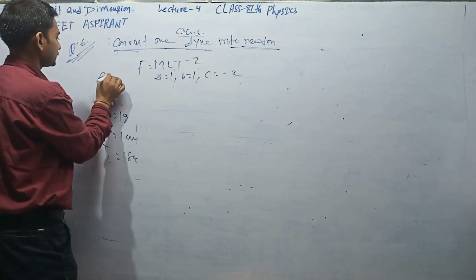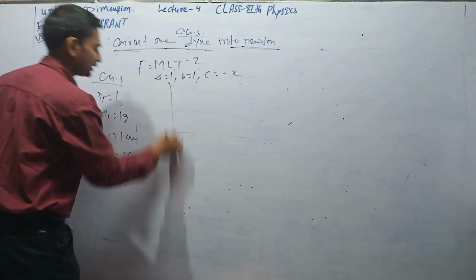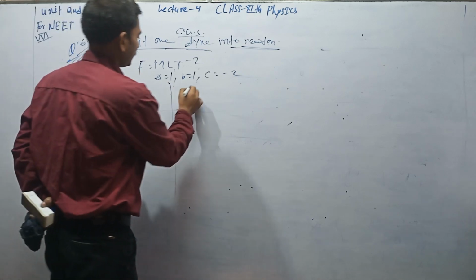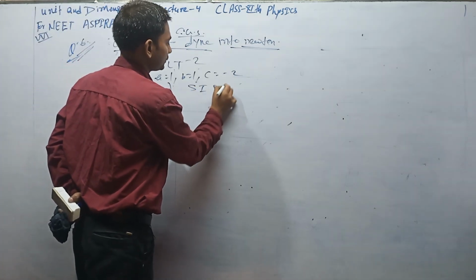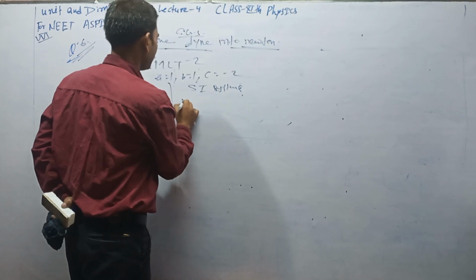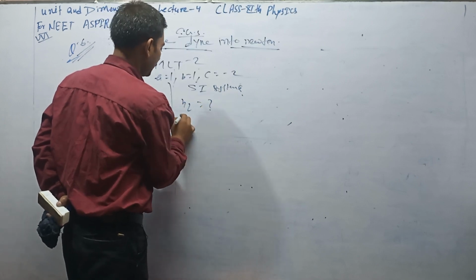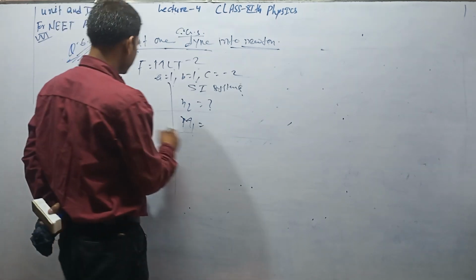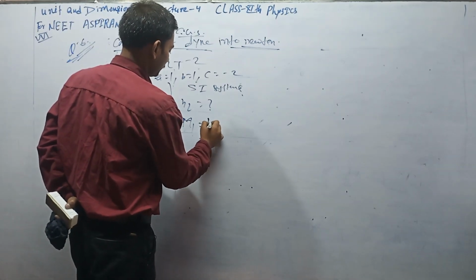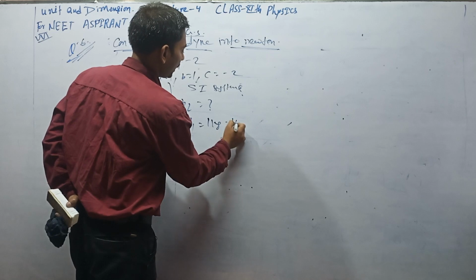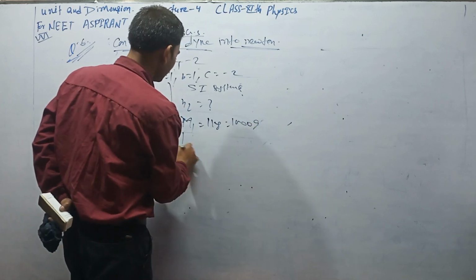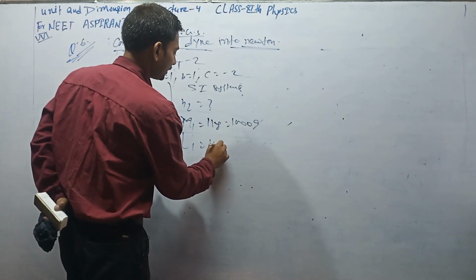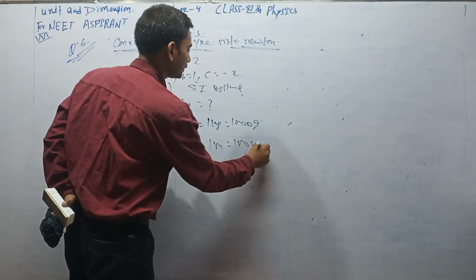CGS is the dyne system. Here the SI system, that means N2 what? M2 is how much? 1 kg, that means 1000 gram. L2 is 1 meter, that means 100 centimeter.